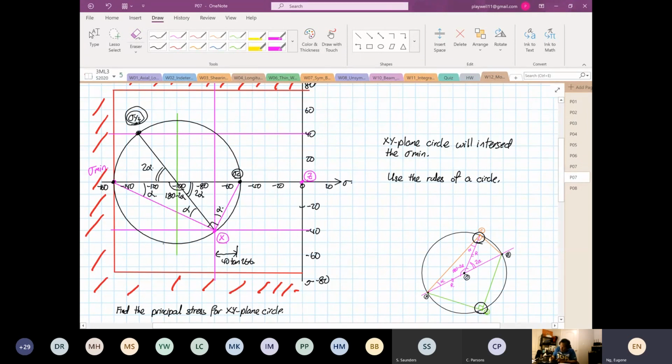So now we know that this is your XY plane. Then you can draw another circle. We can sketch another circle. So this circle will be from here, 50, 25. Now, this circle, what plane is it? Anyone?